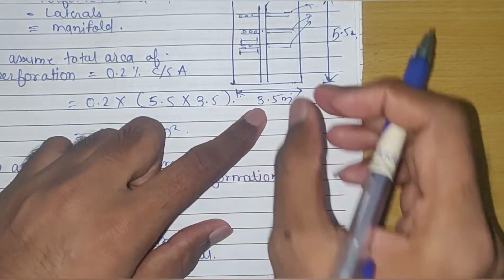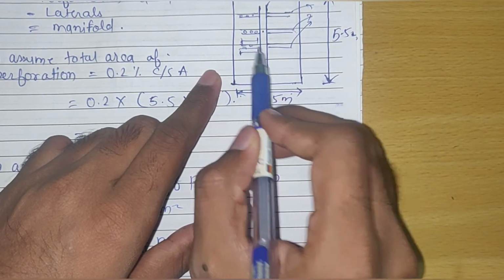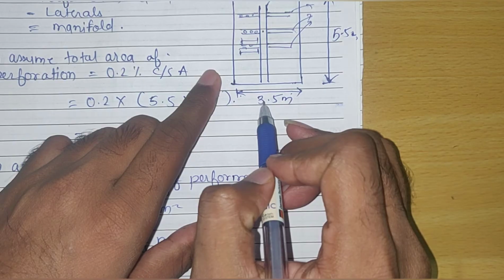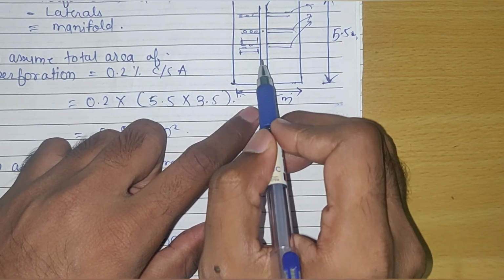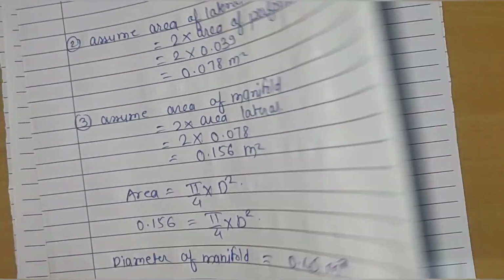Or while calculating the length of laterals, you can take the half width minus the half diameter of the manifold. So you can find the length of the lateral in any way.